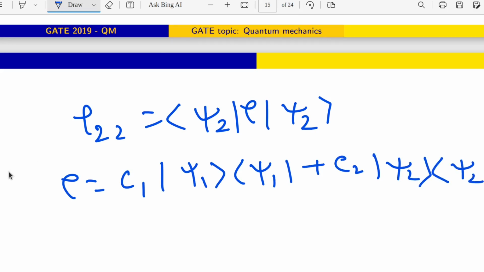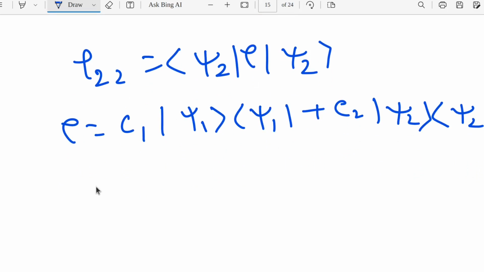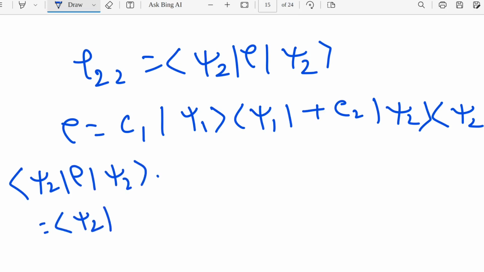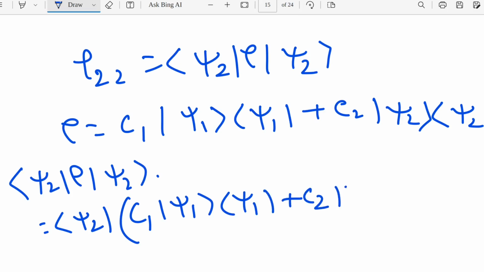Now we will do a little bit of simple mathematics here. So psi 2, C1 psi 1 psi 1, psi 2. I'm doing each and every step so that all of you can understand.